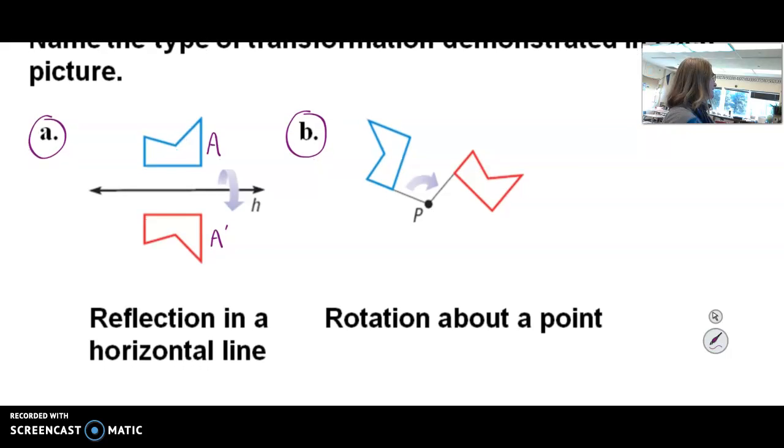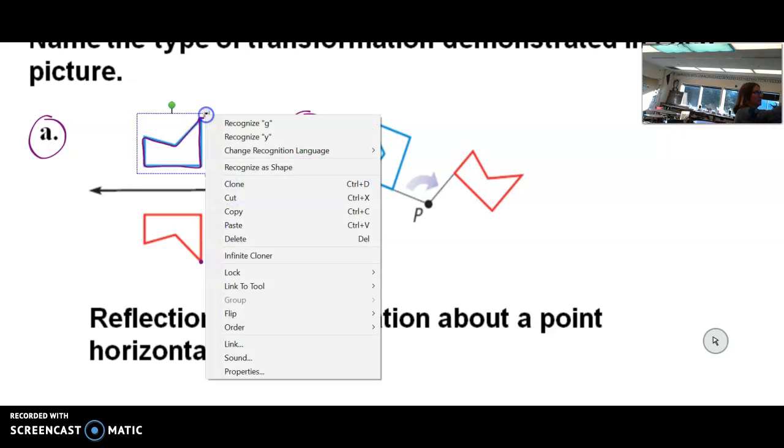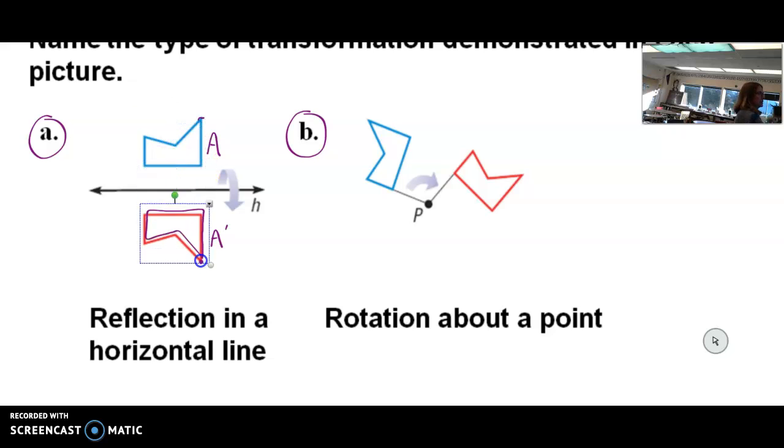Well, part A is a reflection over this horizontal line, H. This point gets reflected down here. If I were to fold this over that line, those two images would line up exactly on top of each other. The image got flipped over that line, and the distance from the line to A is the same as the distance from the line to A prime.